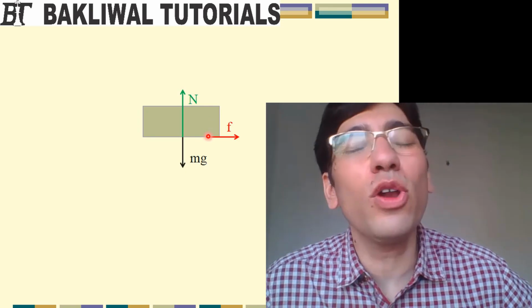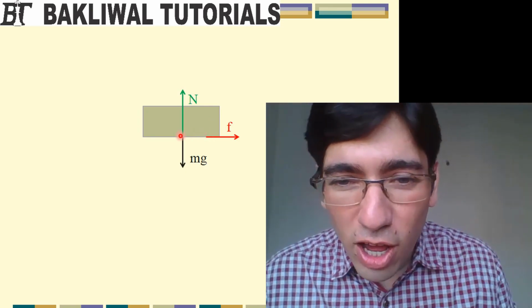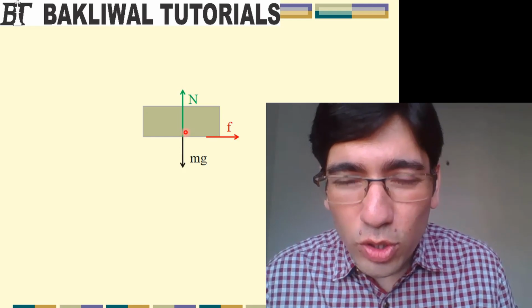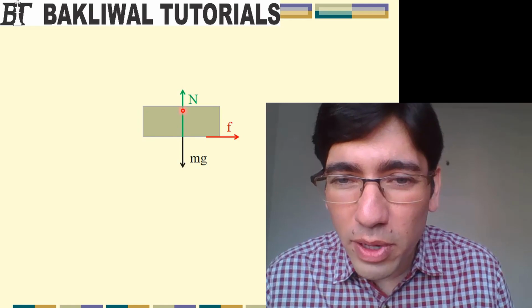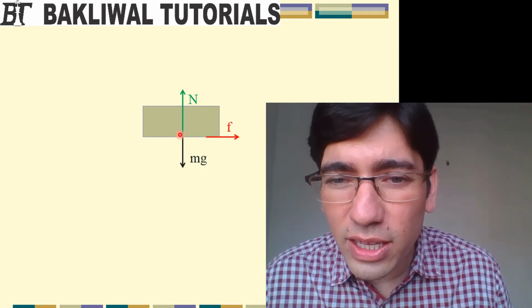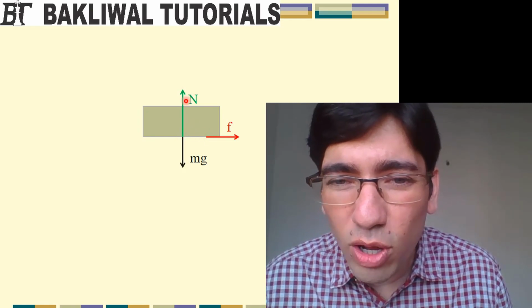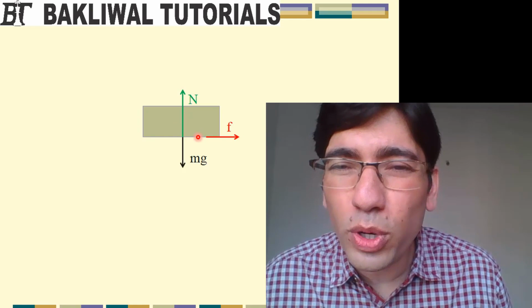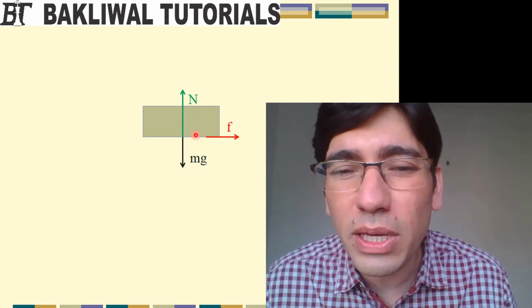But then, as you have already studied vectors by now, you should not have any difficulty in understanding that mg and normal, these two vectors will have no component in the horizontal direction, because they make a 90-degree angle with the horizontal direction, and the component would be N cos 90 and mg cos 90, cos 90 being 0.